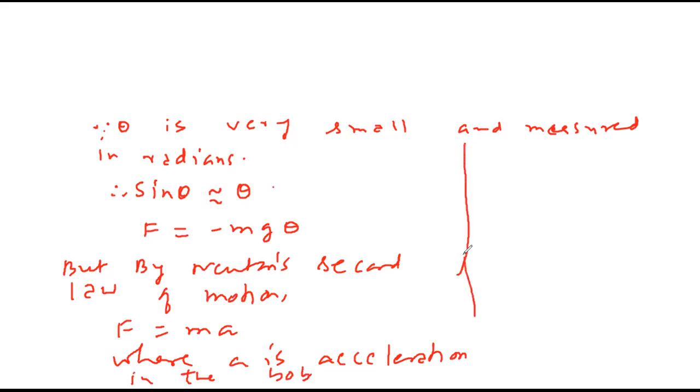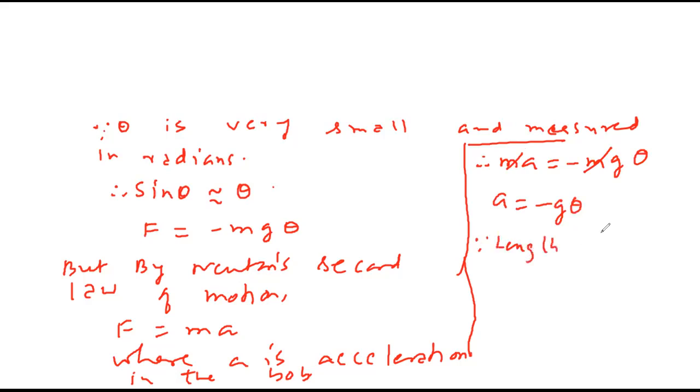We can say therefore ma equals minus mg theta, so a equals minus g theta. Since length of arc equals radius into angle, length of arc means x, radius is the length of string L into angle theta.